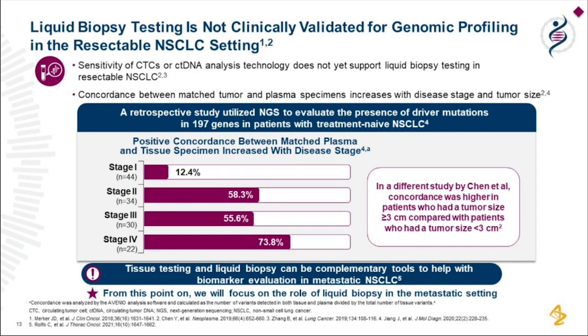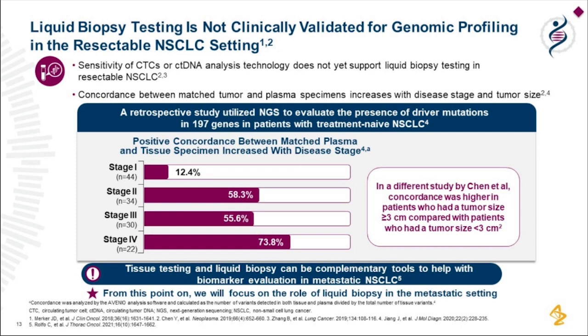Now, even though liquid biopsy testing is not clinically validated for genomic profiling in the resectable non-small cell setting, there's still a lot of benefit to it. A retrospective study utilized NGS, next-gen sequencing, to evaluate the presence of driver mutations in 197 patients with treatment-naive non-small cell lung cancer.